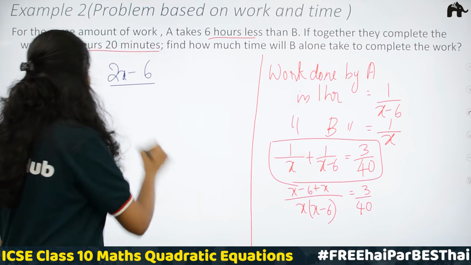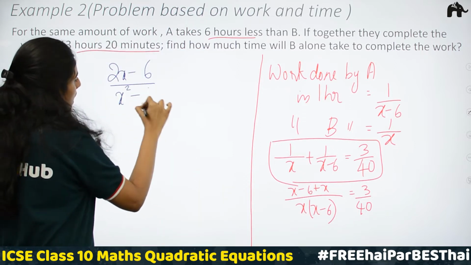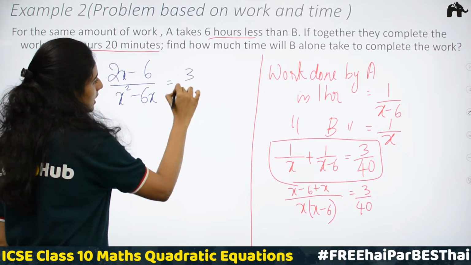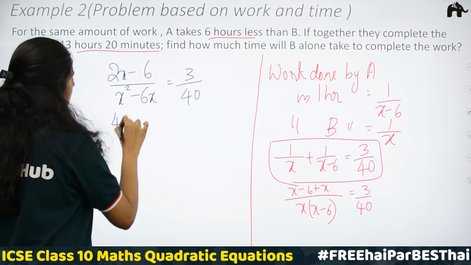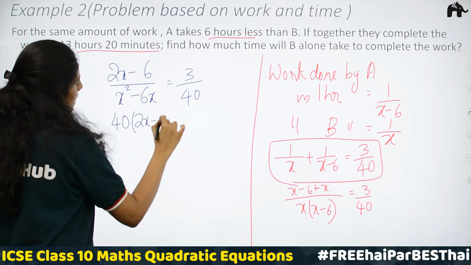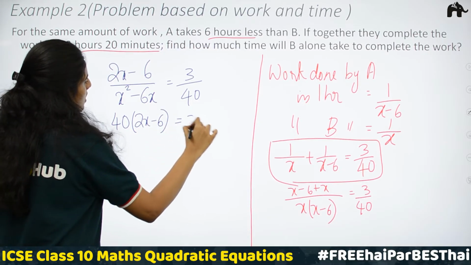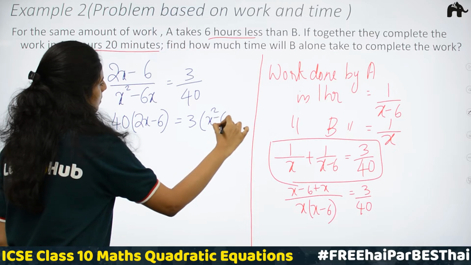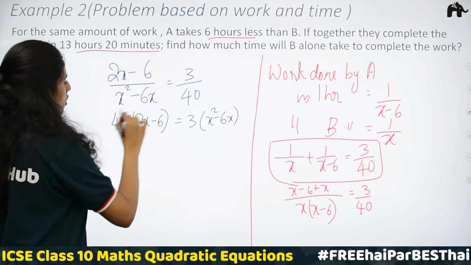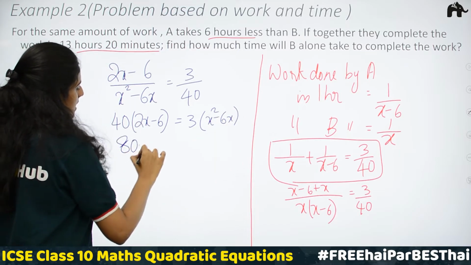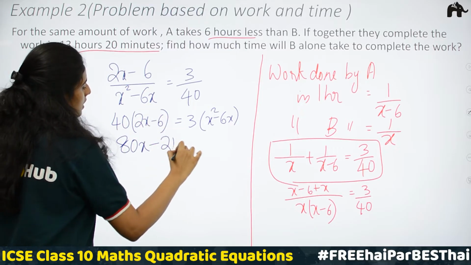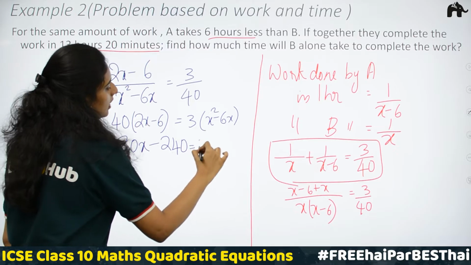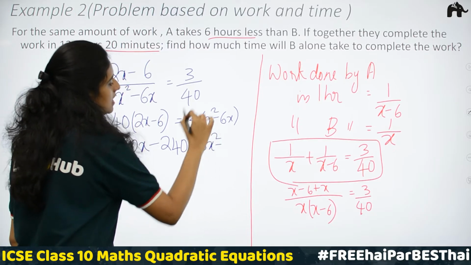Removing the brackets and multiplying, we get x square minus 6x is equal to 3 by 40. Now, cross multiplying, 40 into 2x minus 6 is equal to 3 into x square minus 6x.